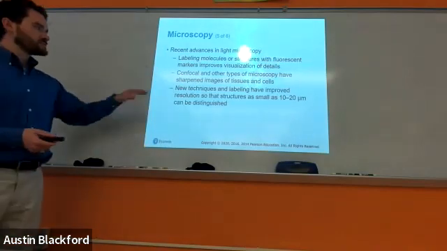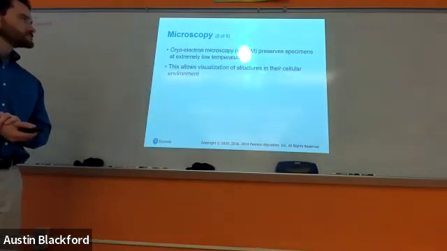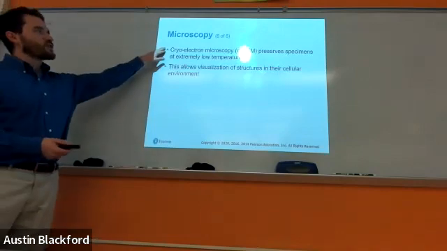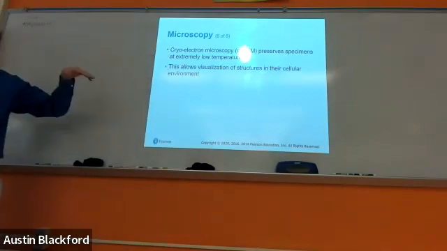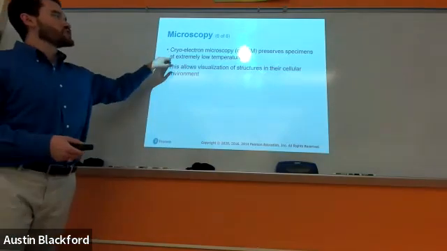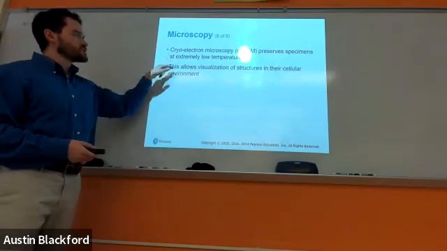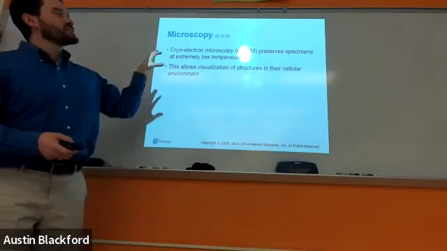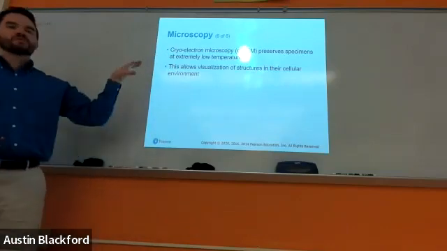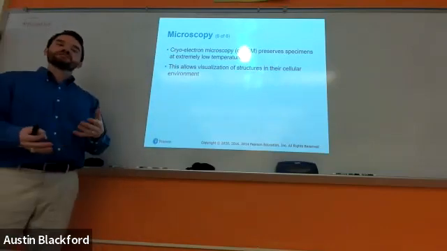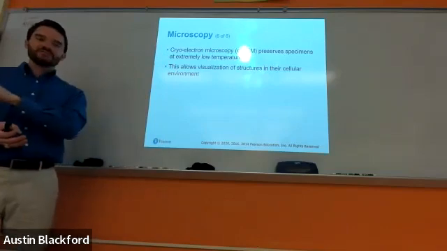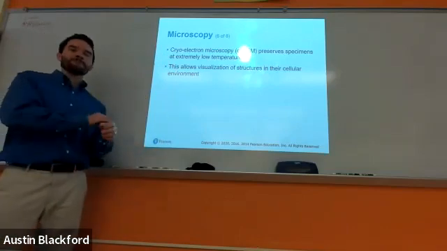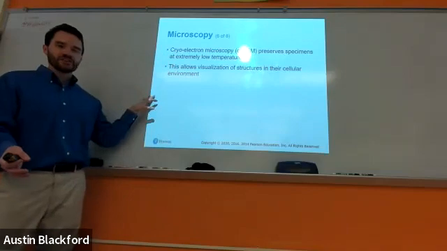Yeah, so I mentioned this. It's kind of interesting, cryo-electron microscopy. It's still an electron microscope, but if we preserve the specimens at a really low temperature, you can get a more realistic structure of what the cell looks like. You can't just take cells immediately off an organism and put them on a microscope.